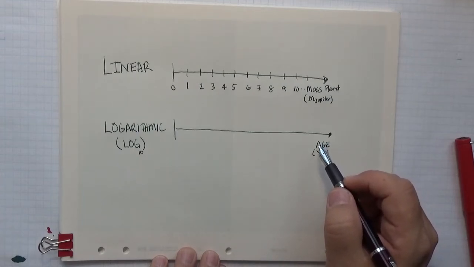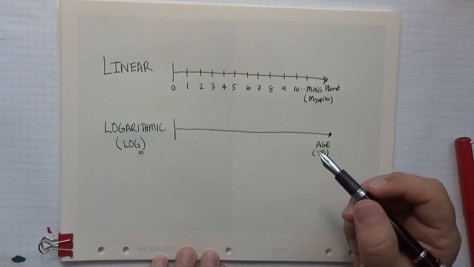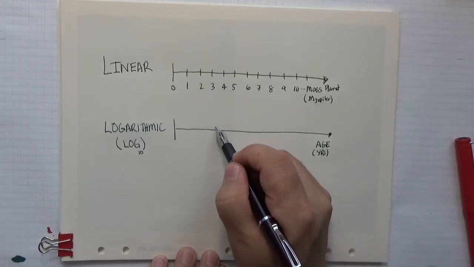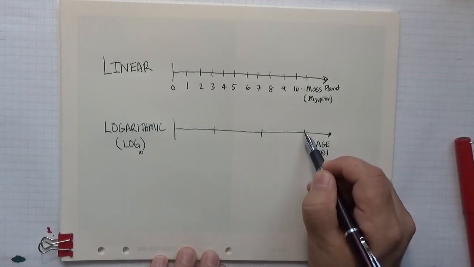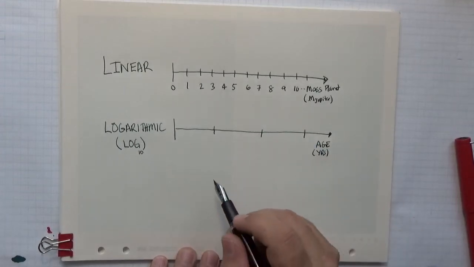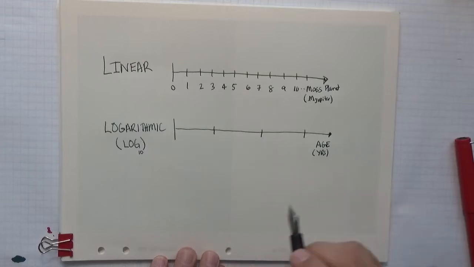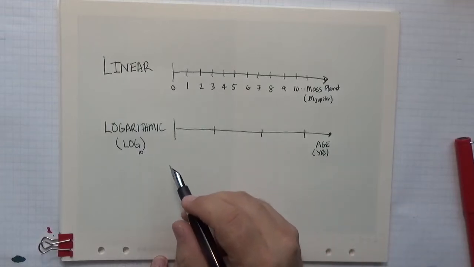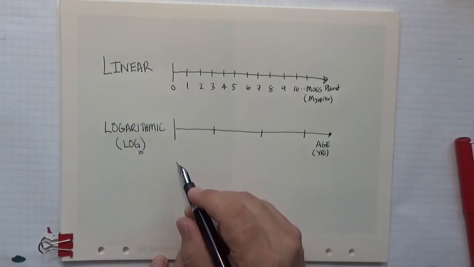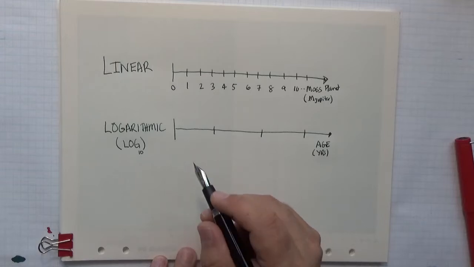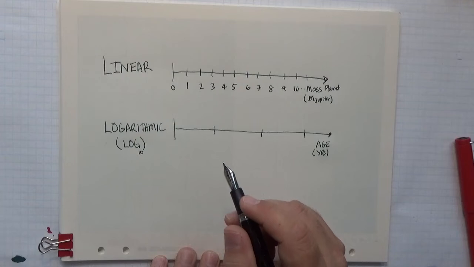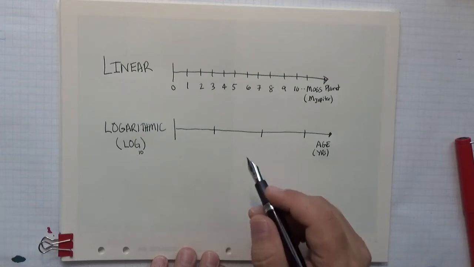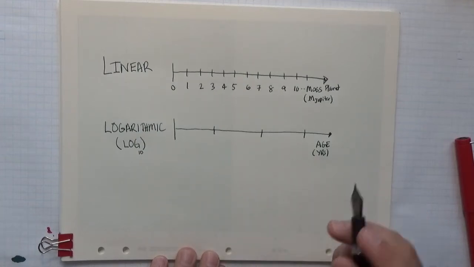Now, logarithmic axes are a little bit different. So in this case, let's start by imagining a couple of evenly spaced points. So here's my first tick mark, here's my next tick mark, and here's my third tick mark. So on a logarithmic axis, as you go along the axis, you count, as you would normally, until you get to a power of 10. 1, 10 to the 0, 10, 10 to the 1, 100, 10 to the 2, and so on.